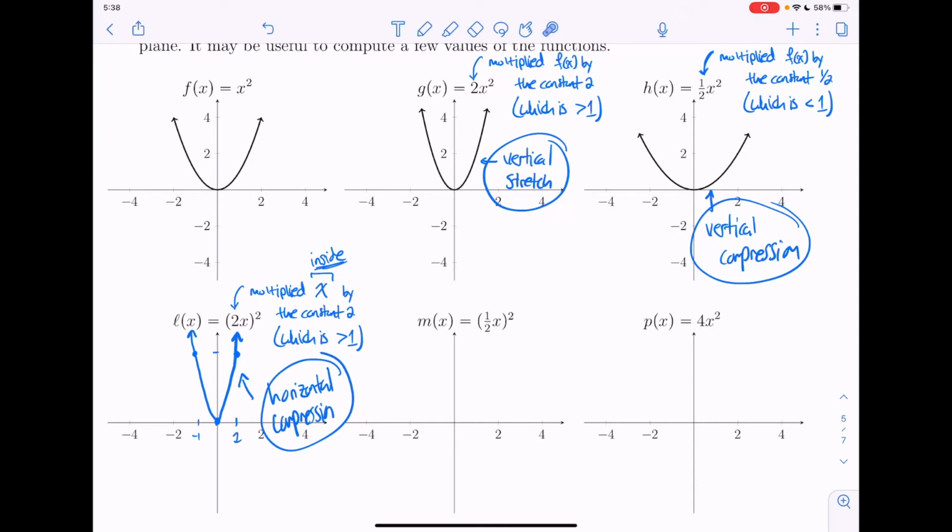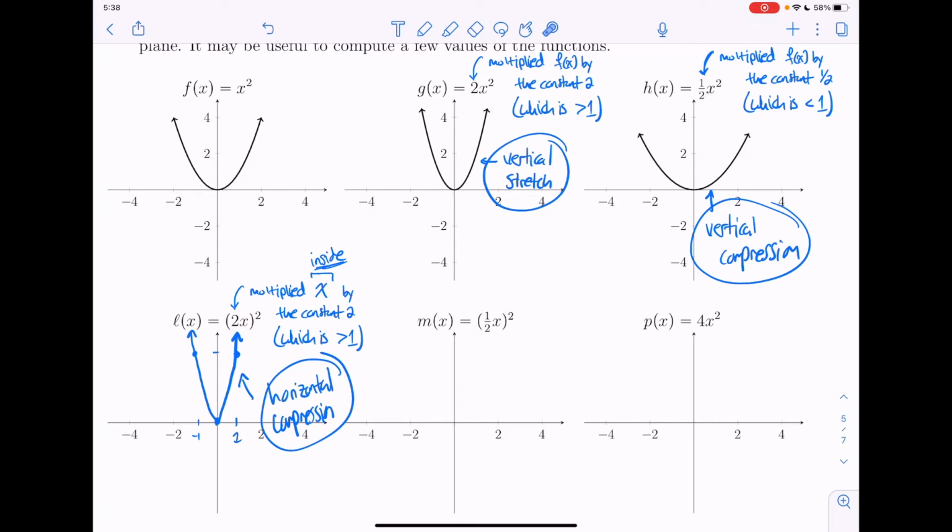And you'll notice here the constant is greater than 1. In the vertical case, being greater than 1 was a stretch. But just like for the shifting, when you flip to a horizontal viewpoint, it's the opposite. So a constant greater than 1 that would have been a stretch vertically becomes a compression horizontally.